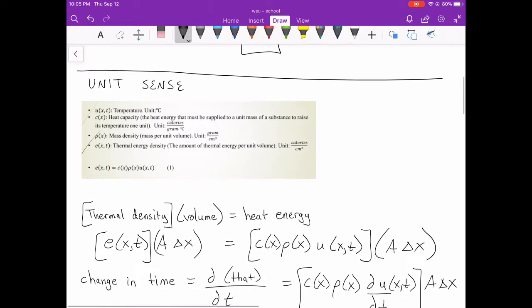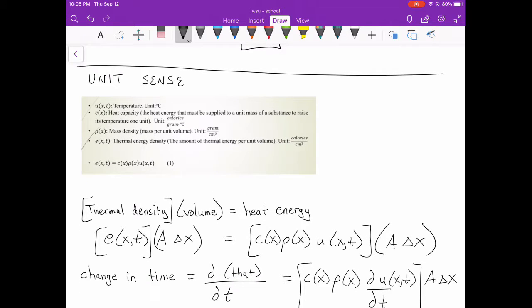As far as the units go, you have to look at all of the different constants and equations that are given to us. If you look at that page with the U, the heat capacity, the rho, the mass density, and all that stuff, the equation that we're trying to make sense of, this thermal energy density expression, just requires you to go through and replace all of the different units.